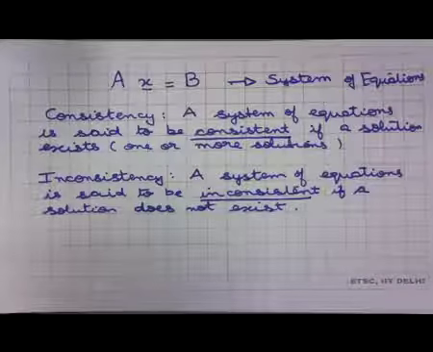Okay. So, the goal of saying these terms consistency and inconsistency is to give a short form expression for talking about solutions of x. We will say system of equations is consistent or system of equations is inconsistent, and that would be short form for saying whether it has a solution or does not have a solution. On that note, I must mention that a lot of interchangeable terms are used.